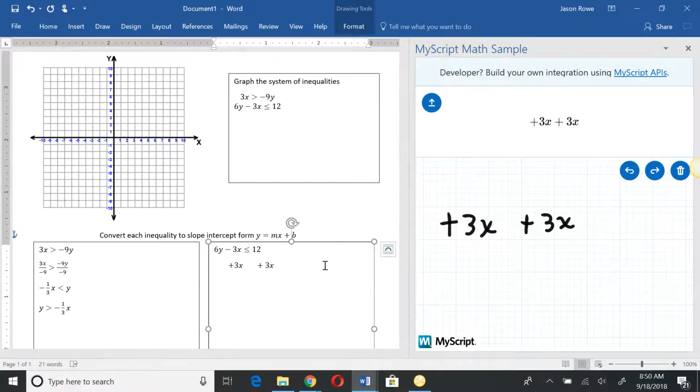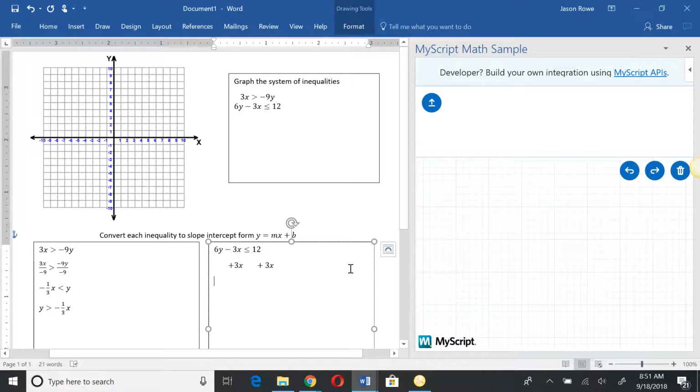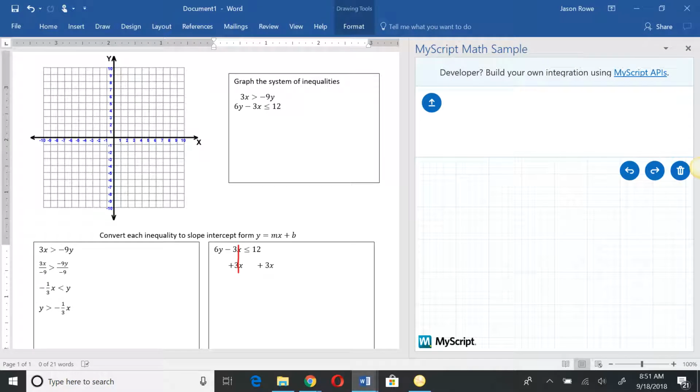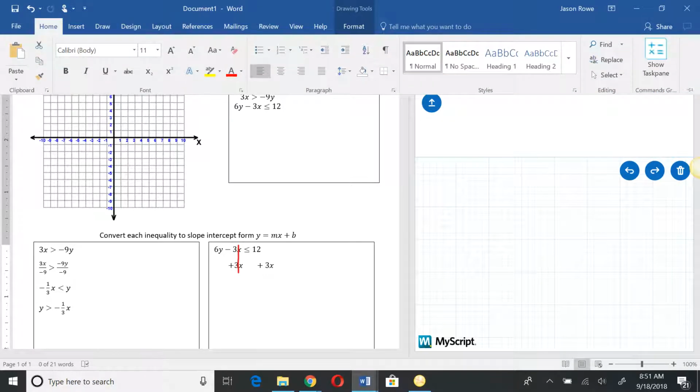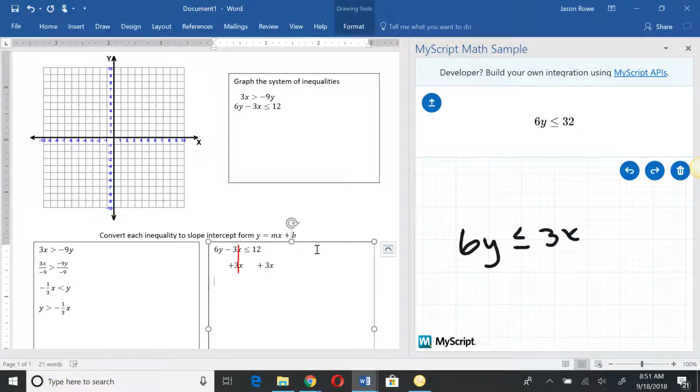You see how easy it is to just throw stuff in. If you send me the file, it makes life easy. When I do that, some things cancel out, and that leaves me with 6y is less than or equal to 3x plus 12.